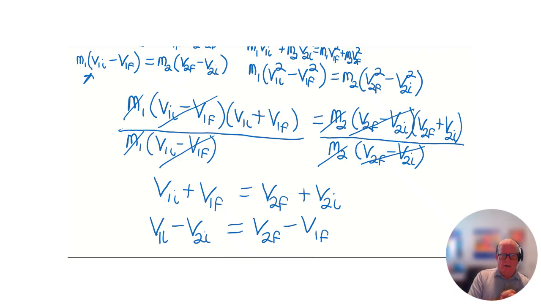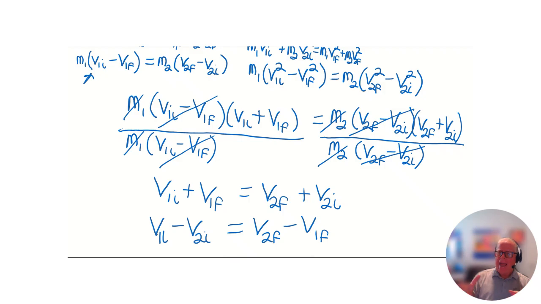Similarly, on the right-hand side, this is the final thing. Very often what happens in an elastic collision, you're going to have cart number 1 going to the left at the end of it and cart number 2 going to the right. So let's imagine that's the situation here. What does that mean on the right? Well, it's kind of the same thing. Now you've got v2 final going to the right and v1 final going to the left, but it's negative.